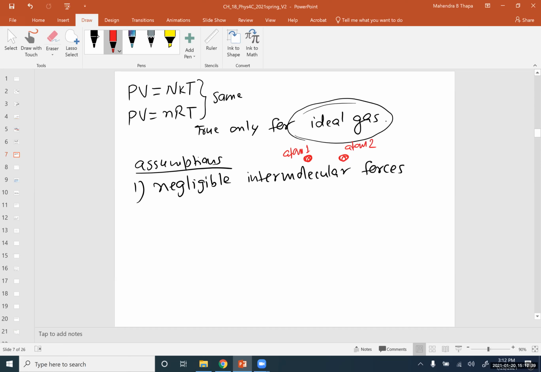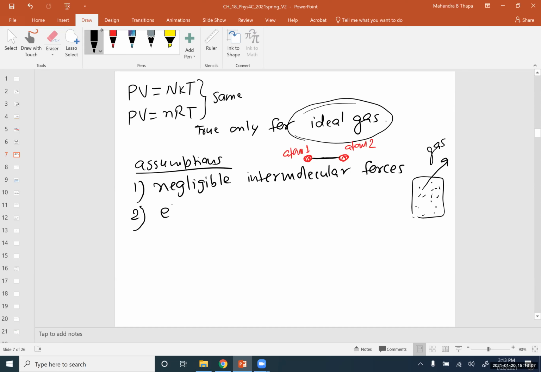There must be a force of attraction or repulsion between them. So if this is a gas in a container, with atoms or molecules, we assume that very small forces exist between them, which is not true, but for an ideal gas this is the condition.